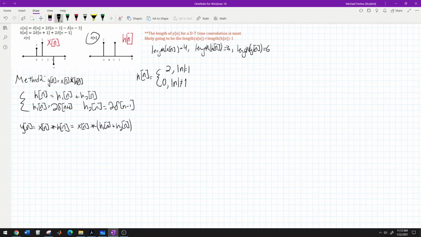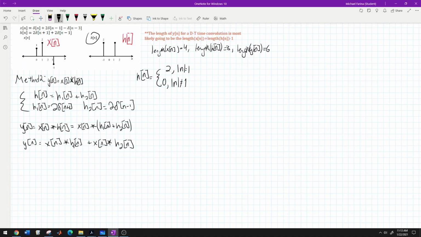Convolution is distributive, so y of n is equal to x of n convolved with h1 of n, plus x of n convolved with h2 of n.